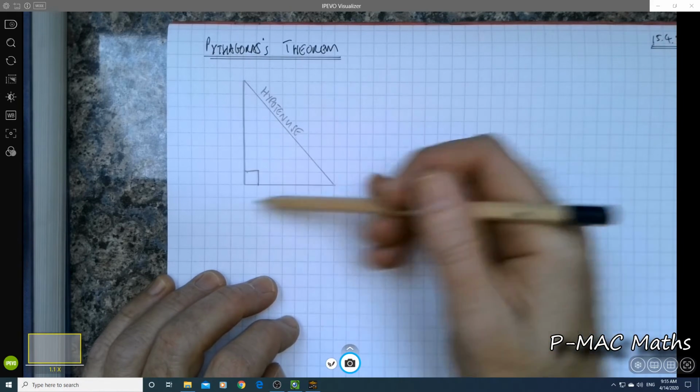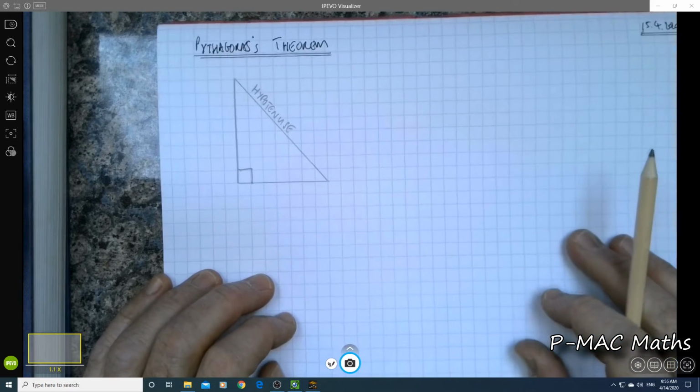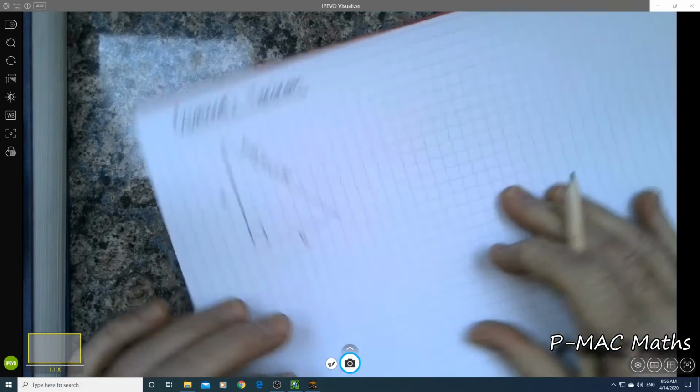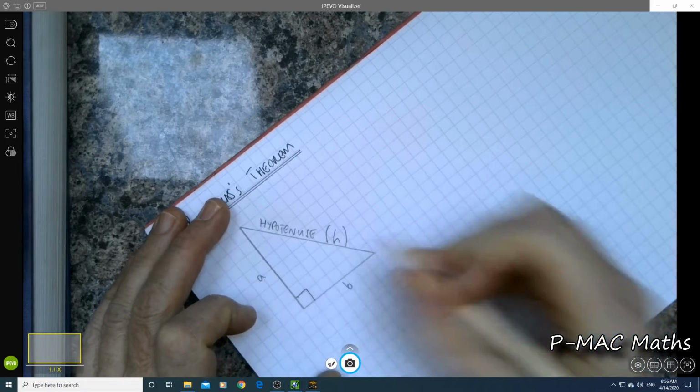These are the shorter sides. Doesn't really matter which way around they are for now. We'll call this one A and this one B, and I'm going to call the hypotenuse H.